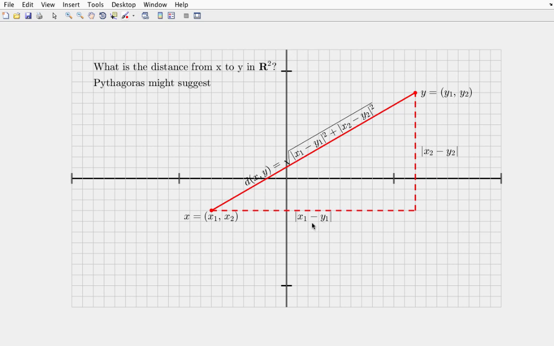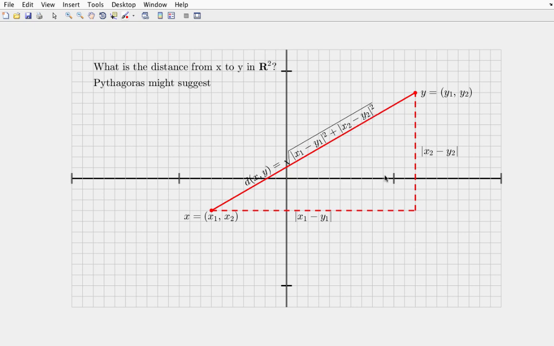So we just take the distance in the x1 direction, the distance in the x2 direction, square each, and take a square root. Sure, that works. That's one way of computing distance. You may look at this formula and think that these absolute values are superfluous.